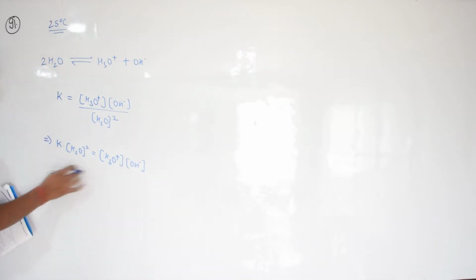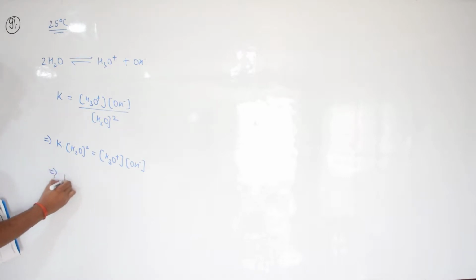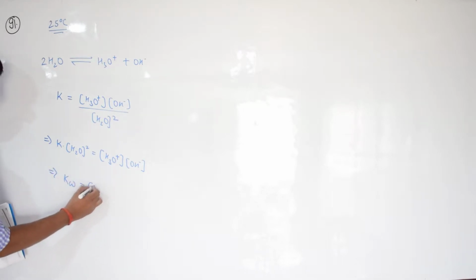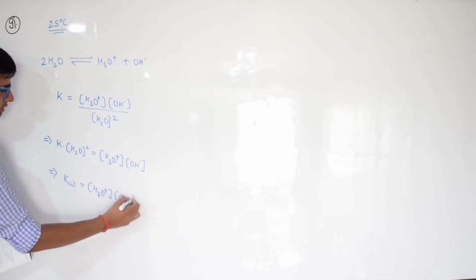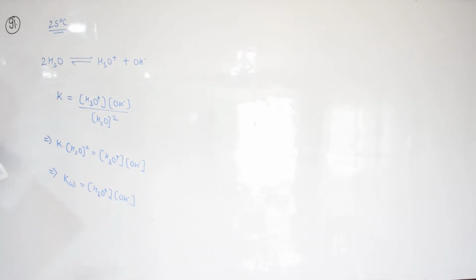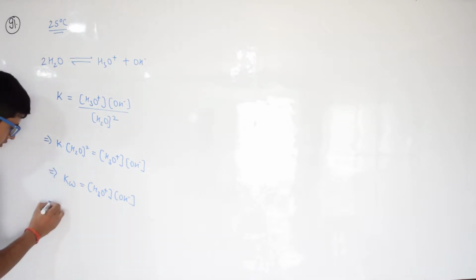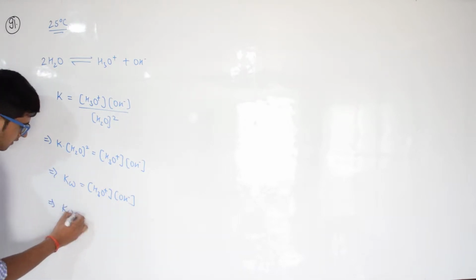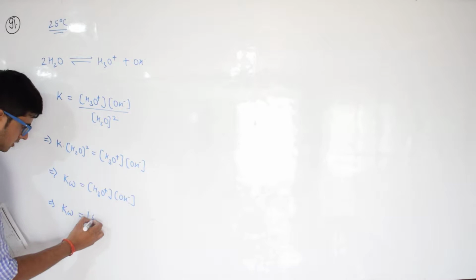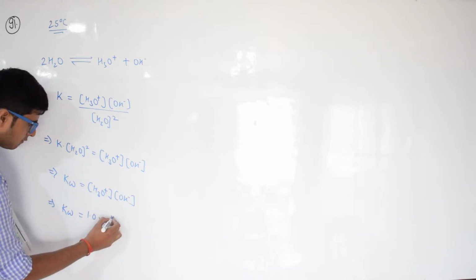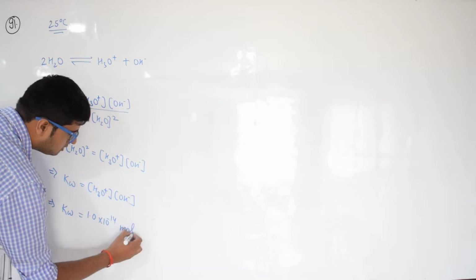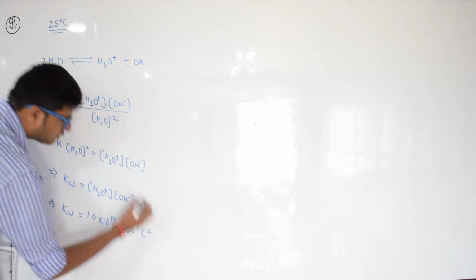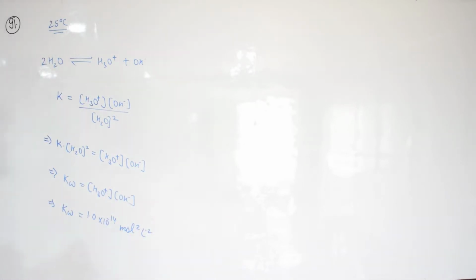This factor is known as Kw, that is the ionic product of water. At 25 degrees Celsius, the value of Kw is 1.0 into 10 to the power minus 14, and to be more sure, the unit is moles square per liter square.